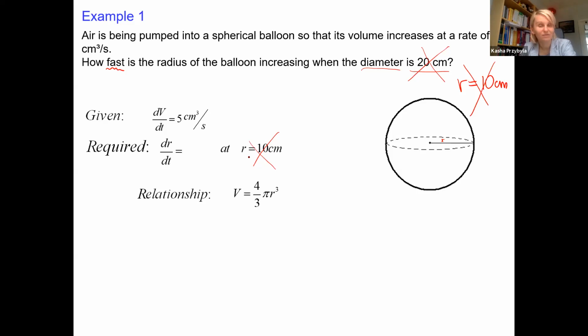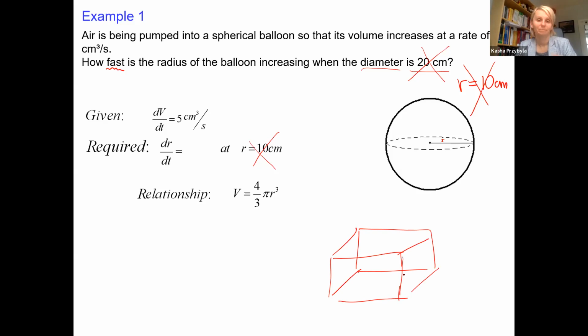But if this question involves a cube, just like a box, probably you know. Do you know the volume of the box? Yes, of course. Length times width times height. That's the volume. Yes, thank you.